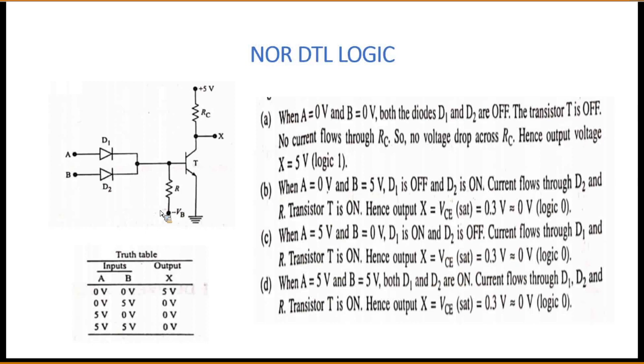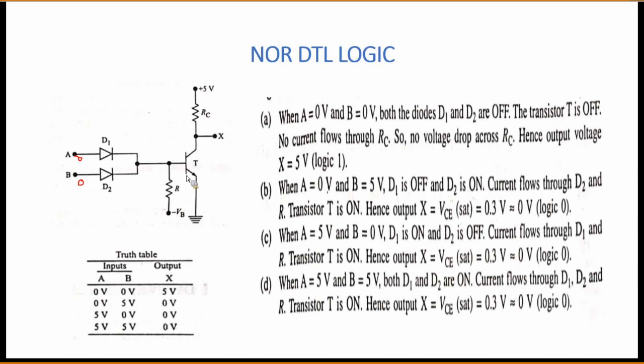So see the operation. When A is equal to 0, already we have seen OR gate. If both are 0 and 0, then the anodes are given at 0 volts and cathodes are given to negative minus VB.